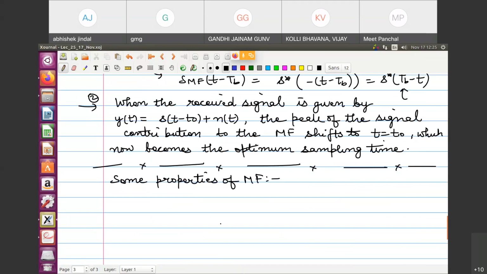Let us see. Property A is optimum sampling time. This should be known. If you remember this, there won't be any problem identifying the optimum sampling point.